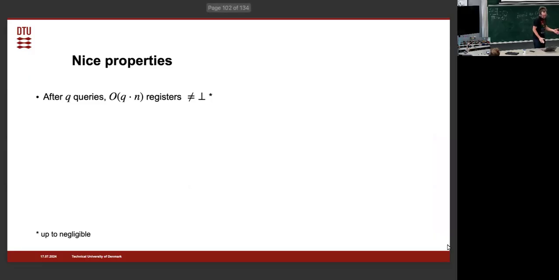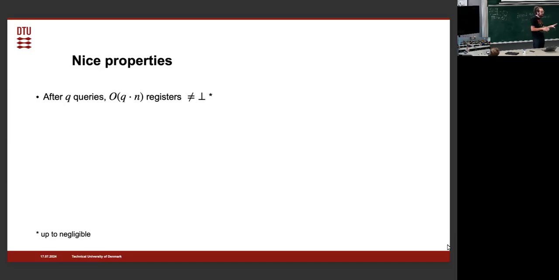But it turns out that it has a lot of nice properties, and some of them follow from this result on the active locations, or at least they are related to it. The first property is the sparsity. After Q queries, the database is still supported in a subspace that has only order Q times n many registers that are not in the bottom state.